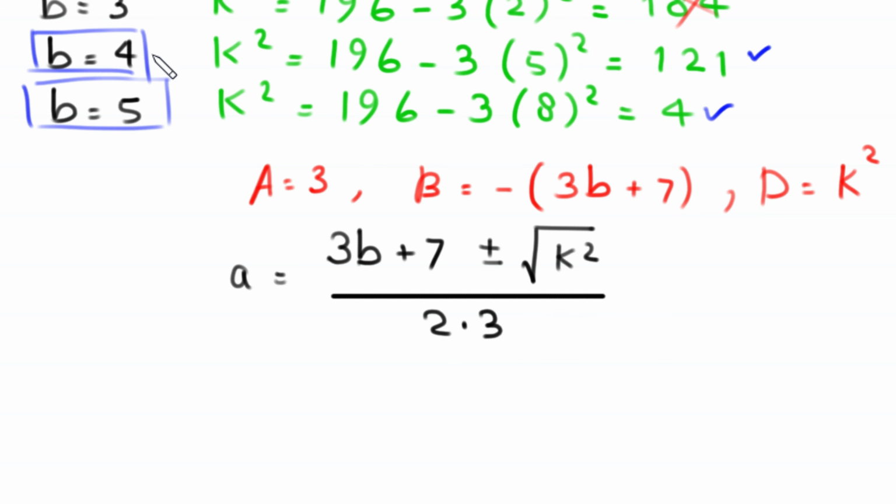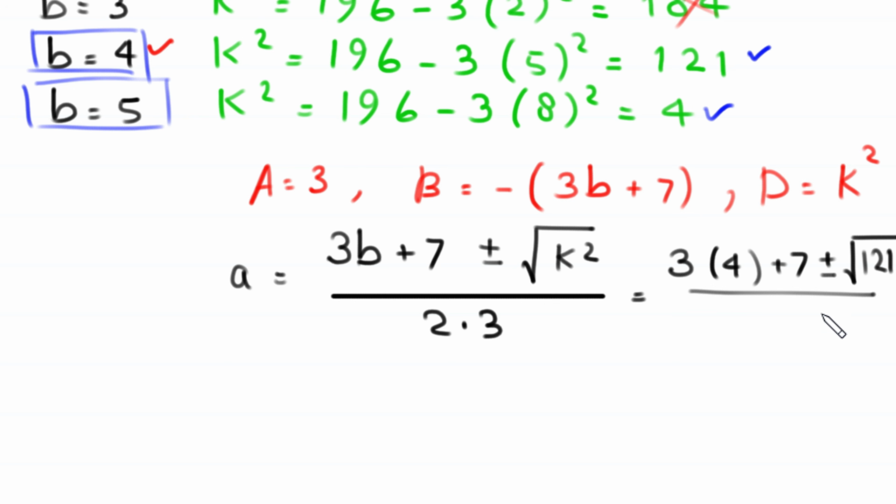Here a is 3. When b is equal to 4, then this will be equal to 3 times 4 plus 7 plus or minus the square root of k squared, which is 121, divided by 6. This will be equal to 12 plus 7 is 19, plus or minus root 121 is 11, divided by 6.